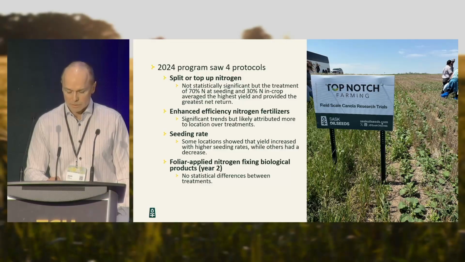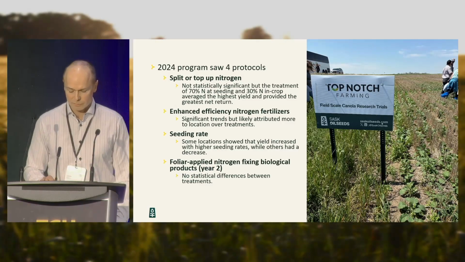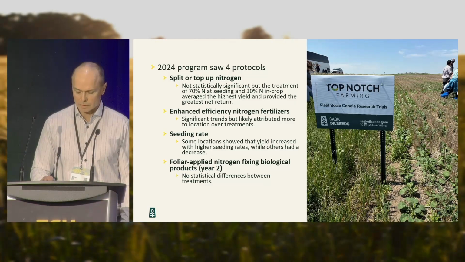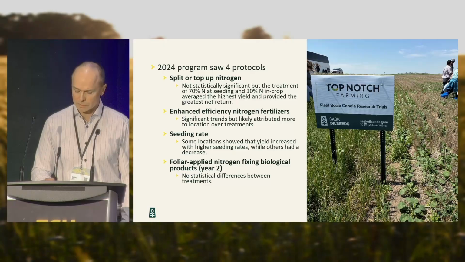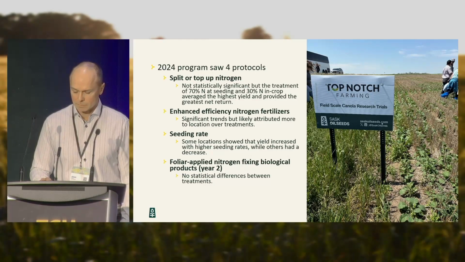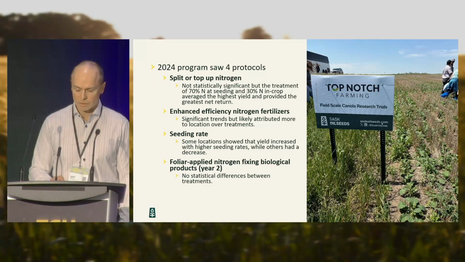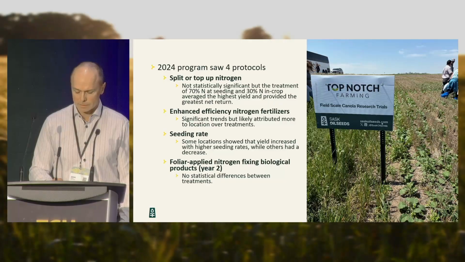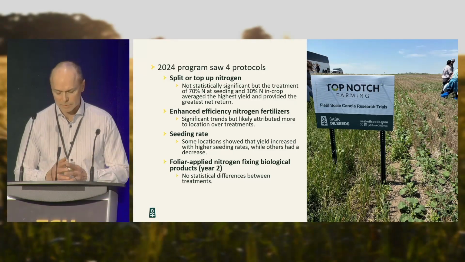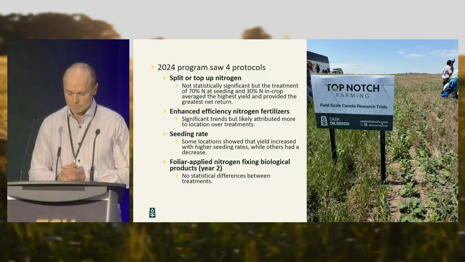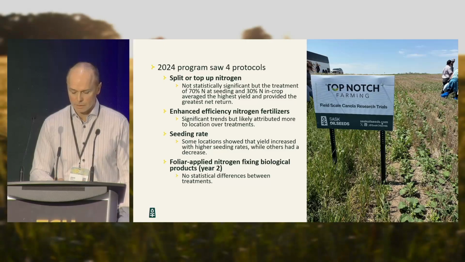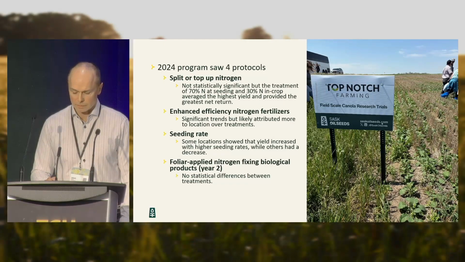There were significant trends observed between fertilizer treatments and protein level, as well as fertilizer treatments and moisture content. But it was only a trend for the 70% N at seeding plus 30% in-crop top-up, which provided the highest yield and greatest net return.